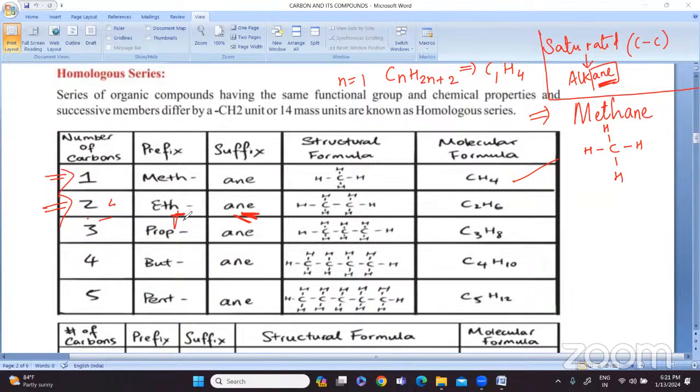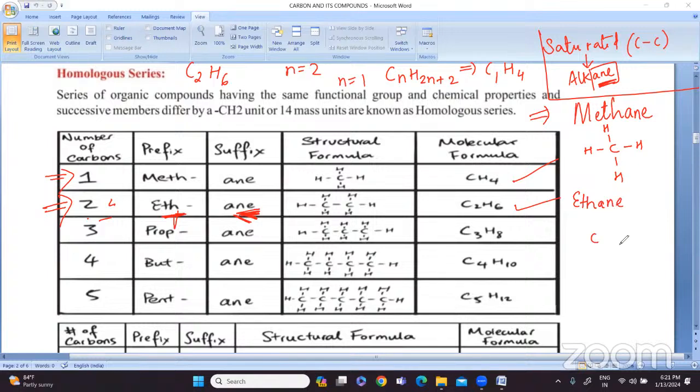So when n is equal to 2, it will become C2H, 2 times 2 is 4, plus 2 is 6, C2H6. So the molecular formula is C2H6. The name will be eth plus ane, so the name is ethane.